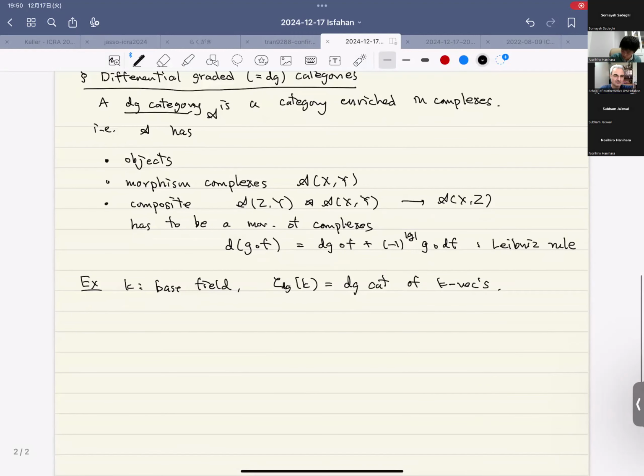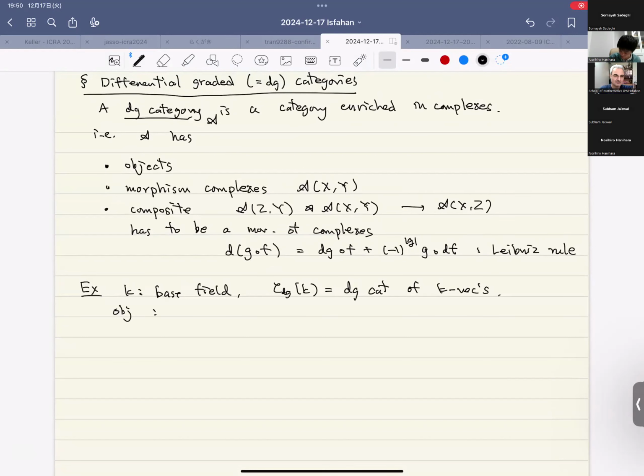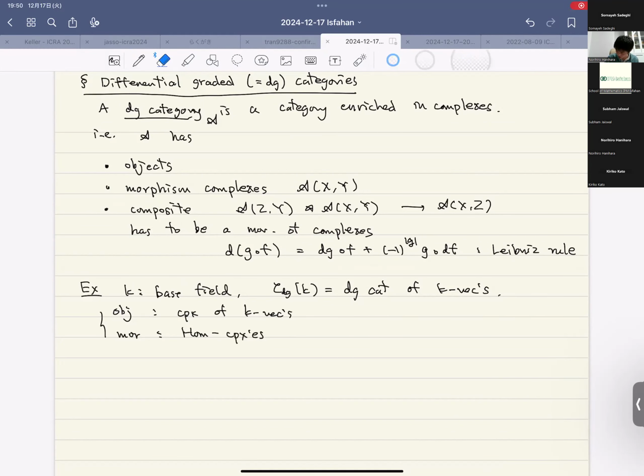Its objects are complexes of K vector spaces, and morphism complexes are given by Hom complexes, denoted by curly Hom, whose degree n part is the graded maps of degree n.